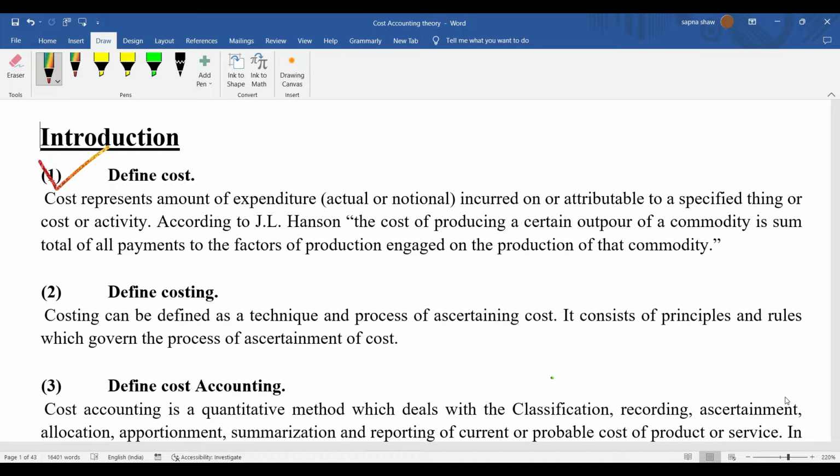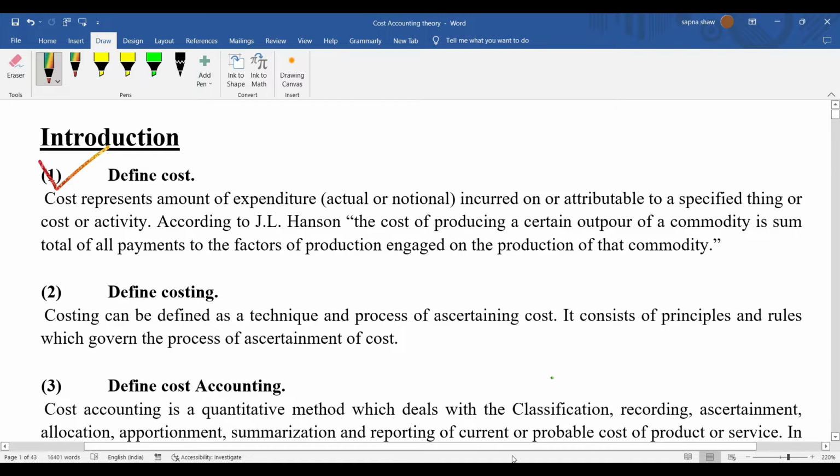Either you will take the place on rent, so you have to pay the rent, you also have to pay the electricity bill, arrange for the laborers, and buy the machinery and arrange for it. These are the costs we incur in order to produce something. So all those amounts, all those expenditures we make in order to produce a particular commodity, are called a cost.